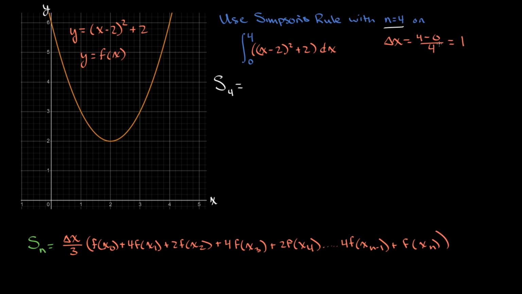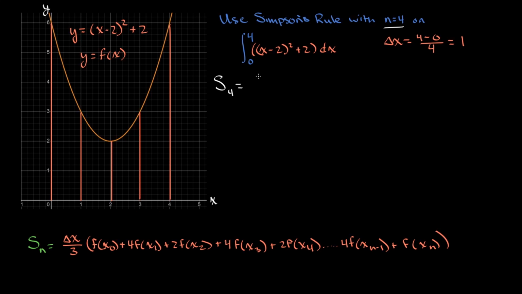That's pretty nice. If we were to fill that in on our graph, it would look something like this. These are our subintervals right here. Now that we have these, all we really need to do is look at what Simpson's rule is and start filling it in for our function.